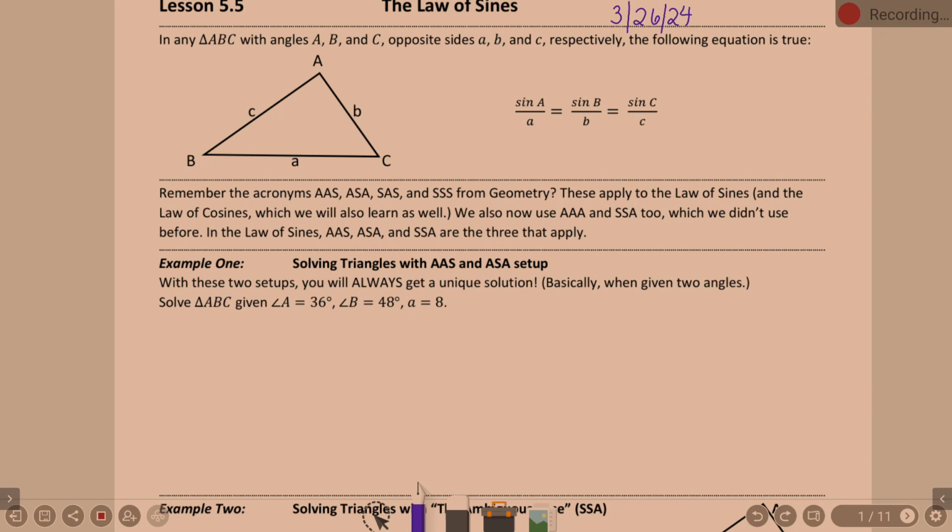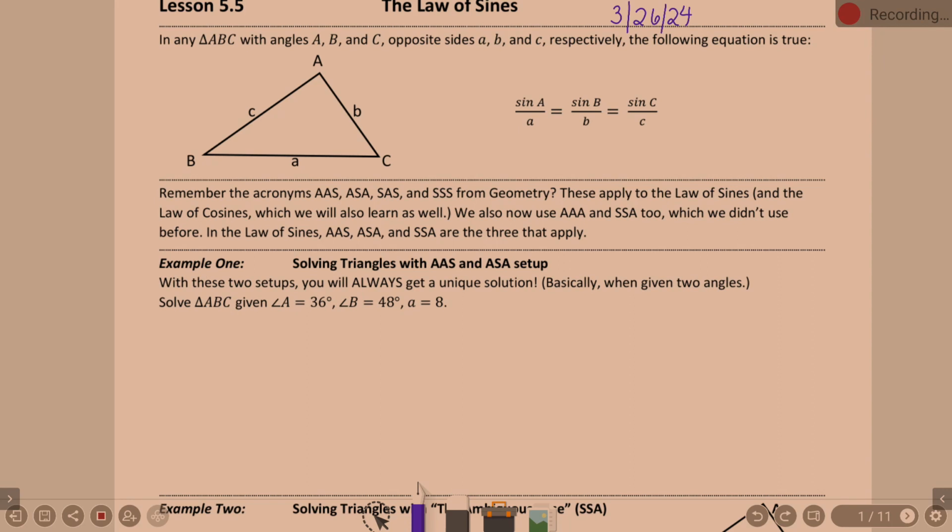But how this reads: in any triangle ABC, so we're not talking right triangles, just general, non-right triangles, with angles A, B, and C, realize that angles are usually denoted with capital letters, and opposite sides a, b, c, so lowercase are your lengths of sides, respectively, the following equation is true.